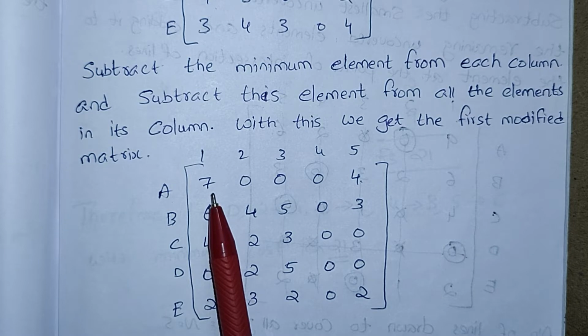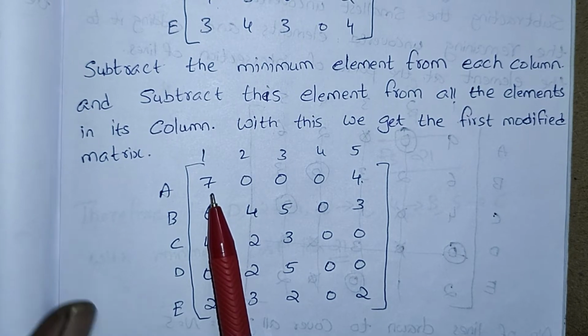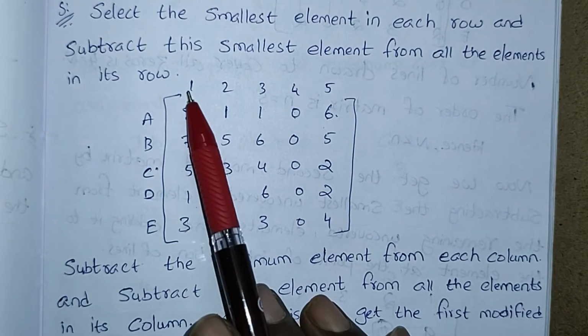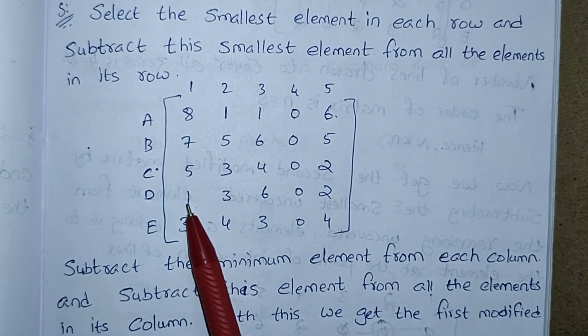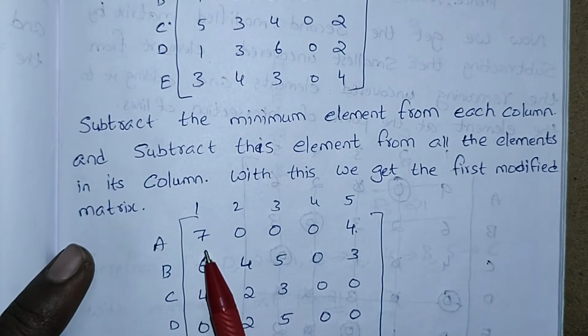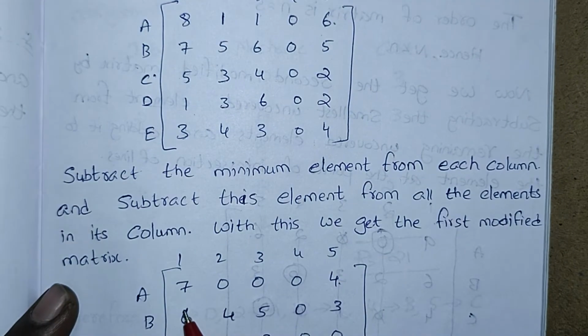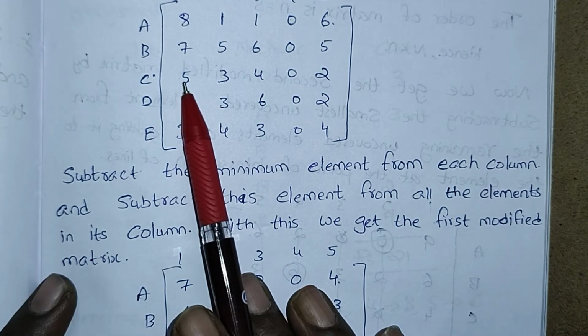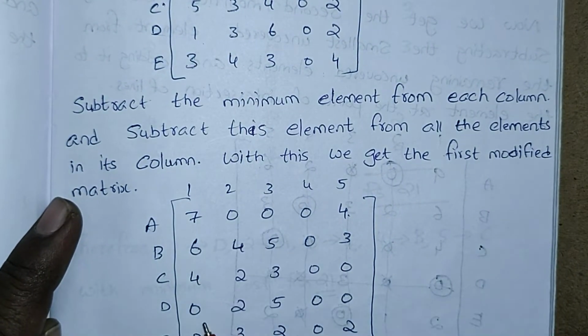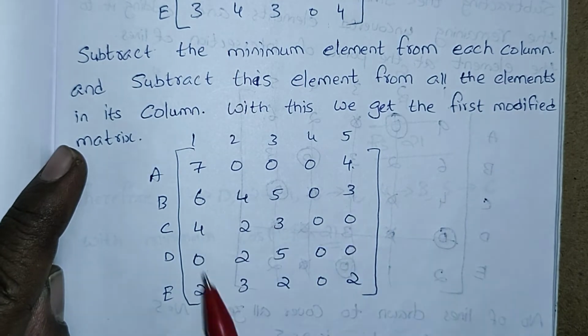In the first column, 1 is the smallest, so 8 minus 1 is 7, 7 minus 1 is 6, 5 minus 1 is 4, 1 minus 1 is 0, and 3 minus 1 is 2.